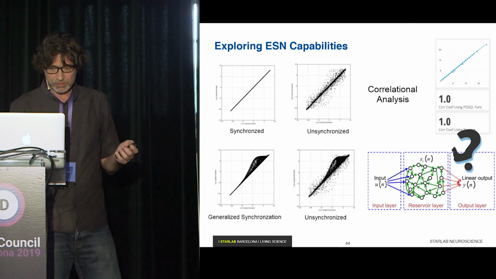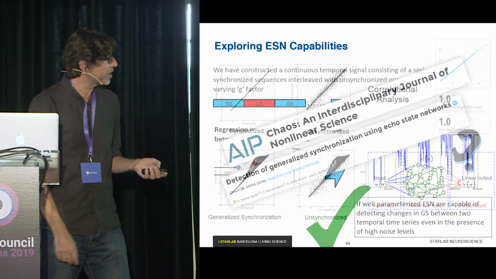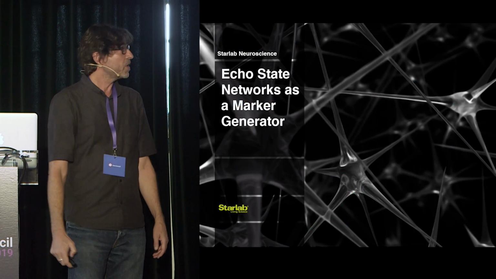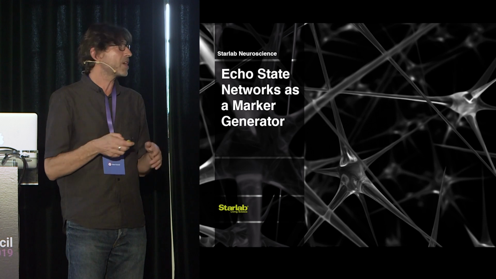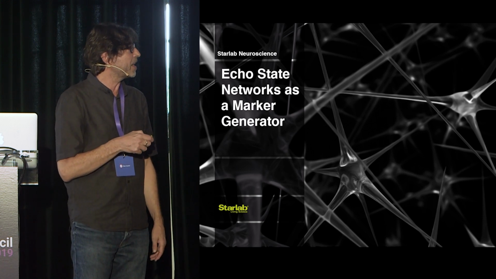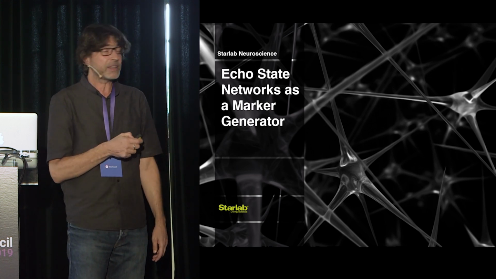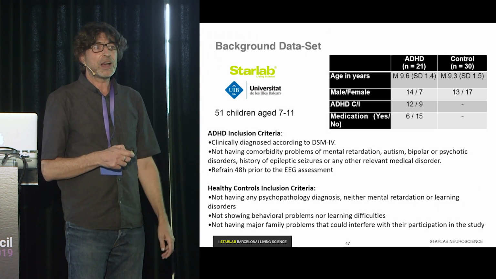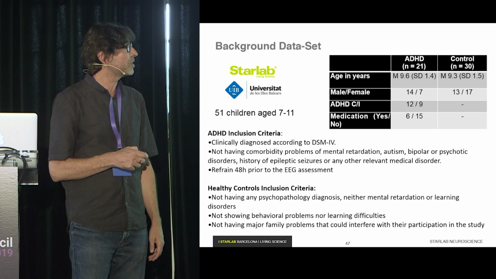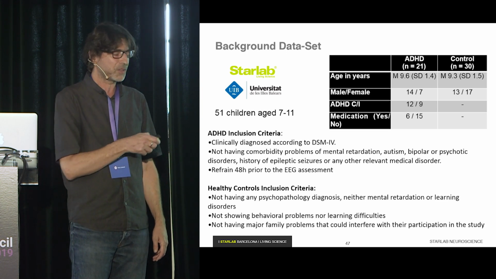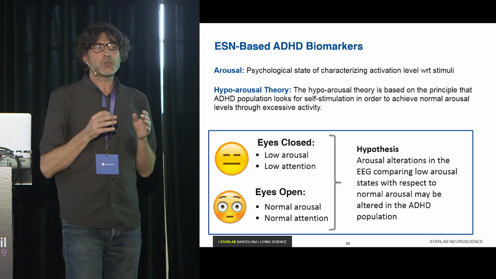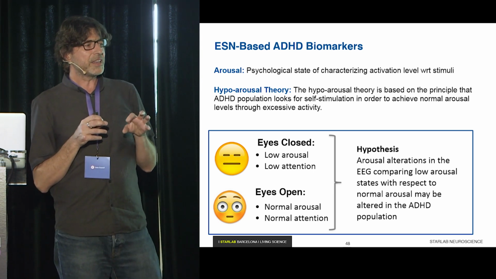We have conducted a theoretical study that you can find in the journal Chaos, and we have tried to apply this concept to generate a marker for ADHD. This is our data set: 51 children, 21 with ADHD, 30 controls.